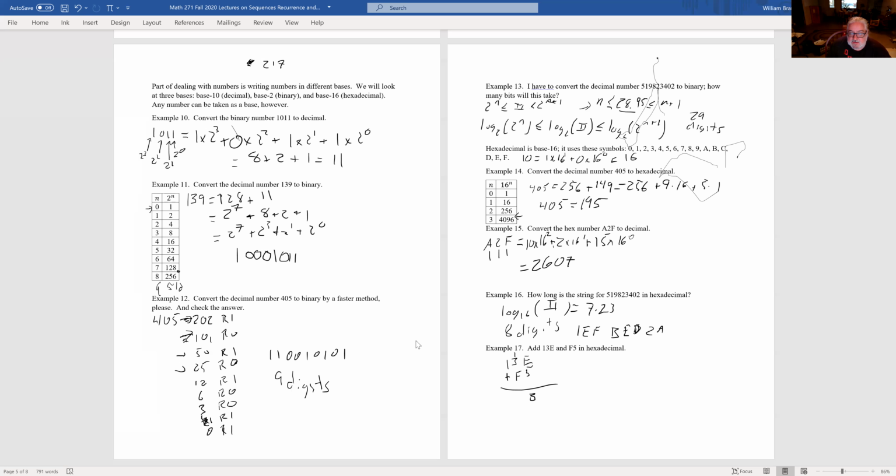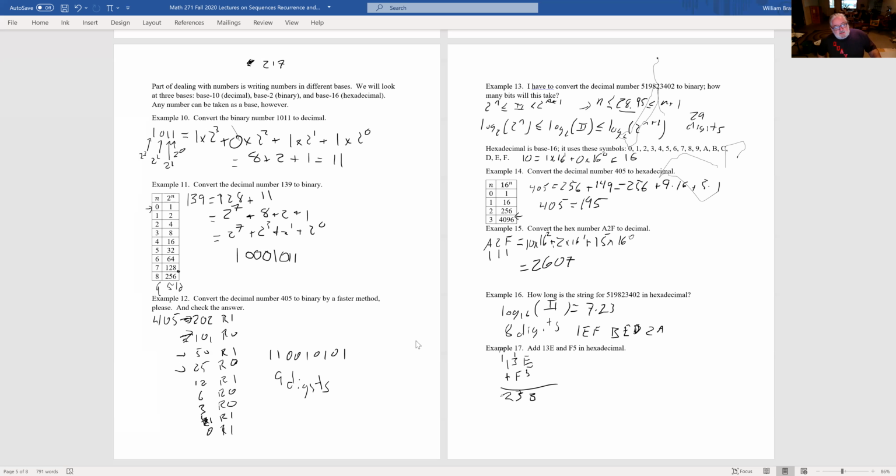F plus 3, start at F, add 1, 2, 3, and then the 1 that you carried gives you a 3. But adding F, you have to go back into the cycle, so you have to carry a 1 again, and then we get a 2. So that's 233. Pretty straightforward, adding in hexadecimal, adding in binary.